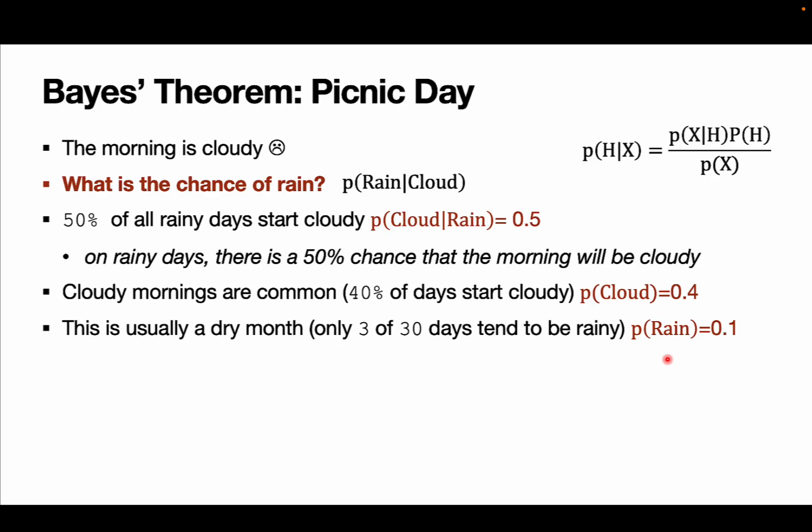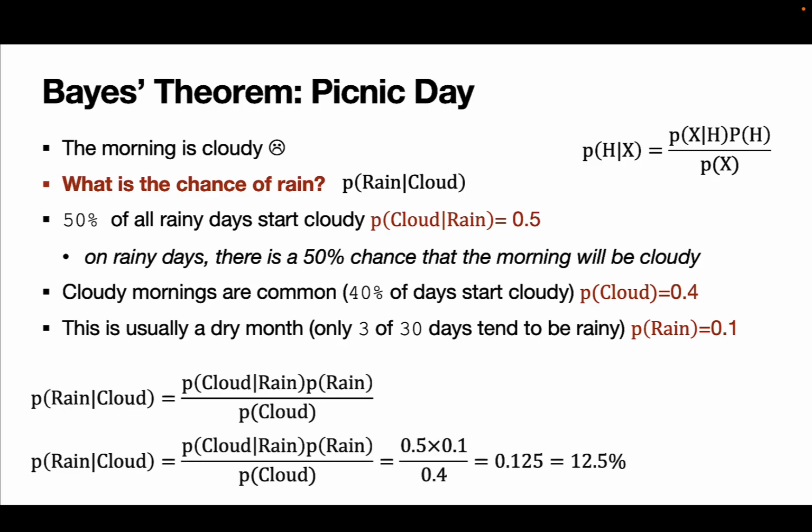The probability of rain is 0.1. We go ahead and plug the values into Bayes' theorem, and we end up with 12.5%. So even though it's cloudy, the probability of rain is still low, which means more likely it's going to be a good day for the picnic.